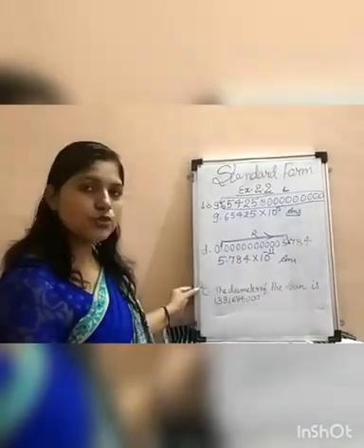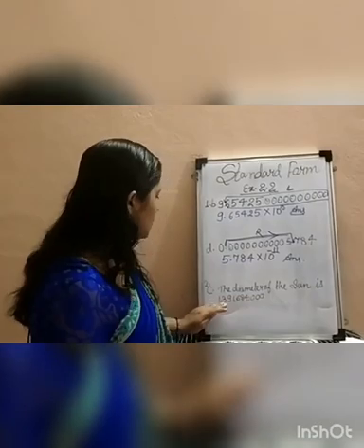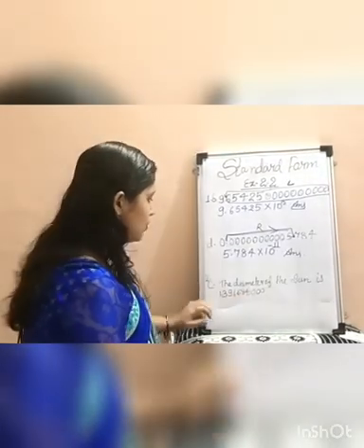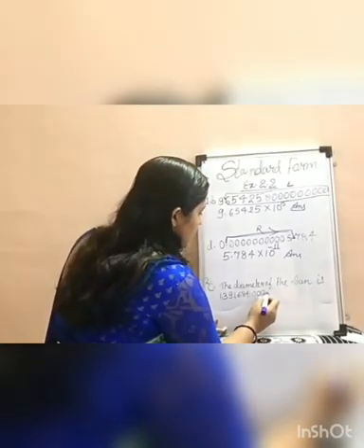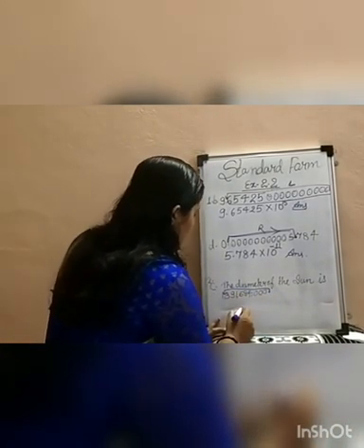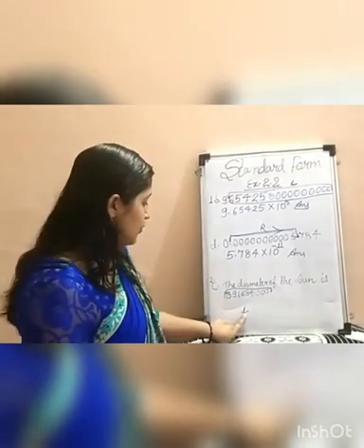Now question number 2C. The diameter of the sun is 1391684000. I'm going to convert it. Suppose here is the decimal. I'm going to take it to the left side. So 1. A single digit we will write before the decimal here.